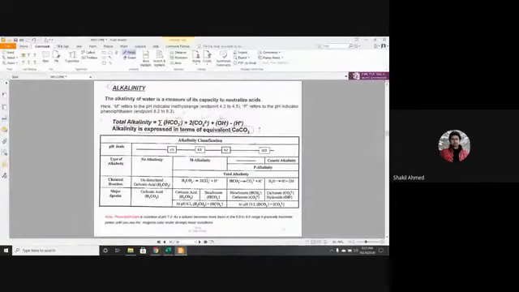For example, if you look at this table, pH scale 4.5, 6.3, 8.3, 10.3. So pH is increasing in this direction. Alkalinity classification, type of alkalinity. When your pH is less than 4.5, starting from 0 to 4.5, there is actually no alkalinity.